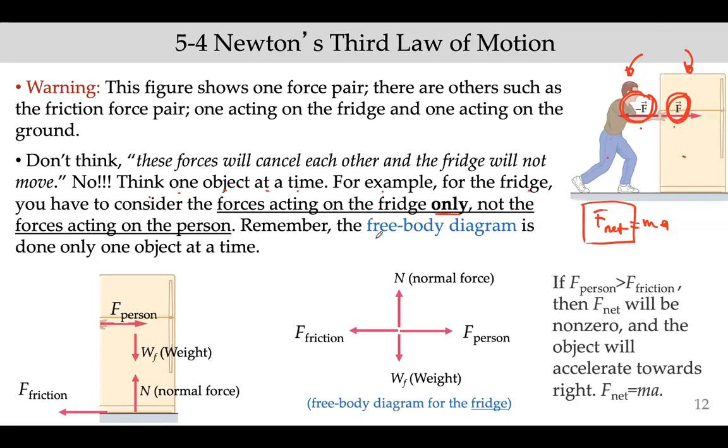So remember, a free body diagram is done only one object at a time. Let's do it for the fridge first. The fridge has the weight, so W_F. It has a normal force. Why? Because it's on the ground. If it was falling, if it was in the air, there wouldn't be any normal force. But because it's on the ground, there is normal force.